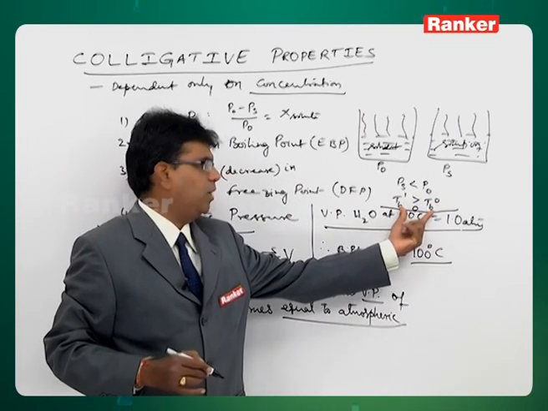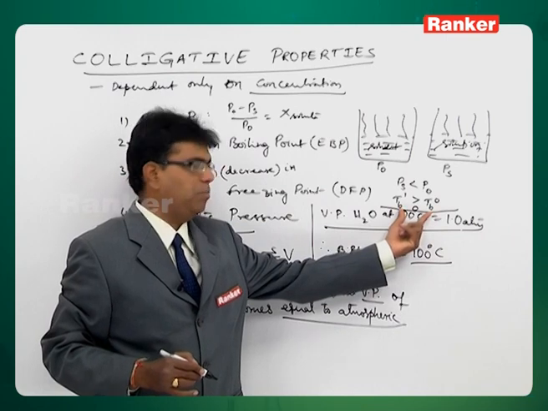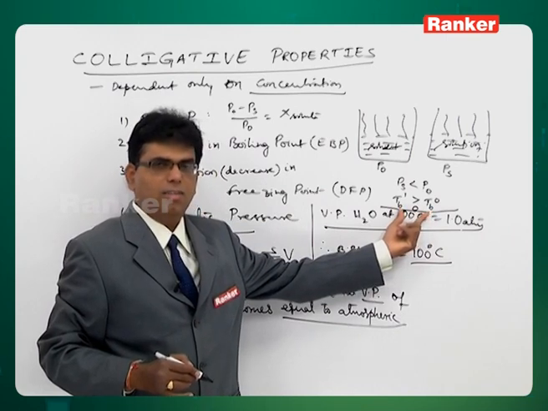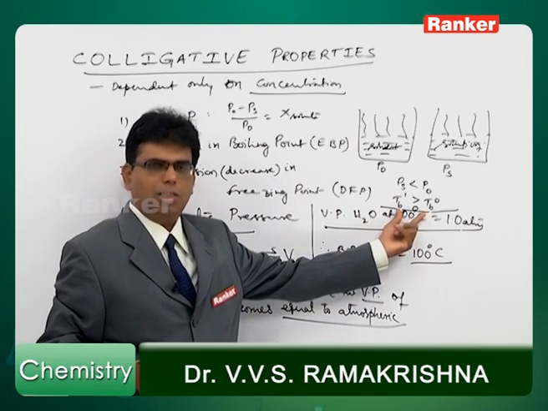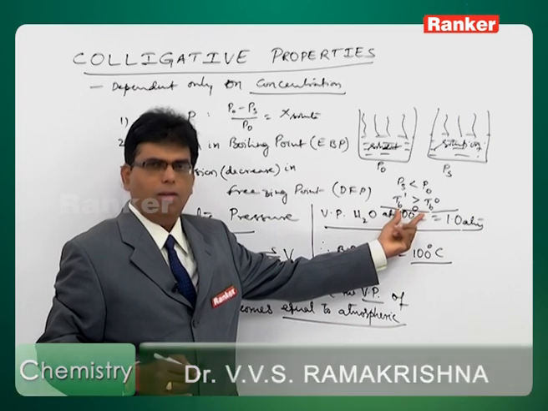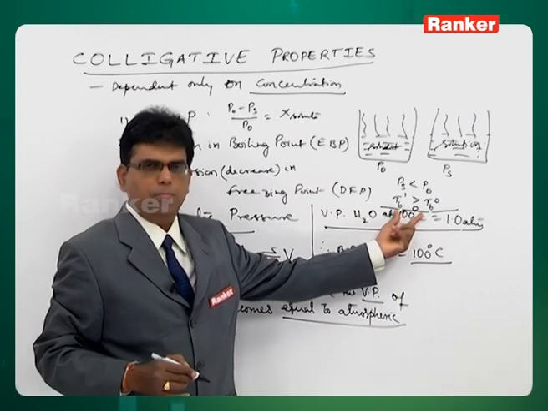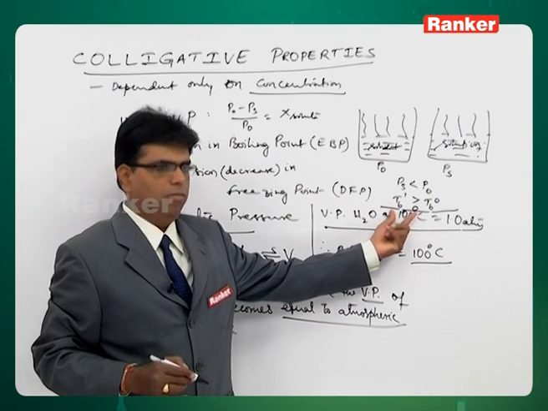This difference, Tb dash minus Tb naught, the amount of increase in the boiling point temperature, is what we call elevation in boiling point. How does this elevation in boiling point relate to the concentration? Now we discuss.